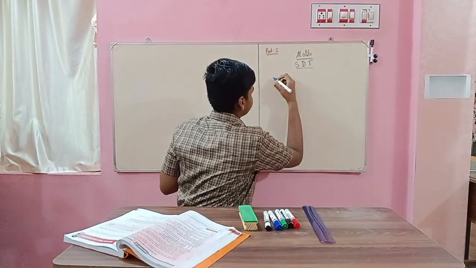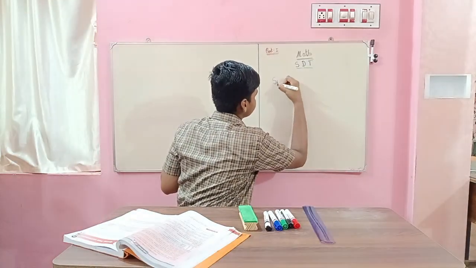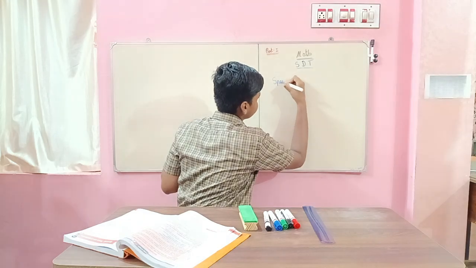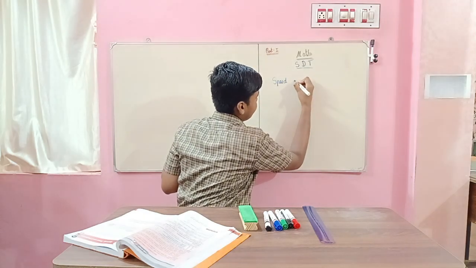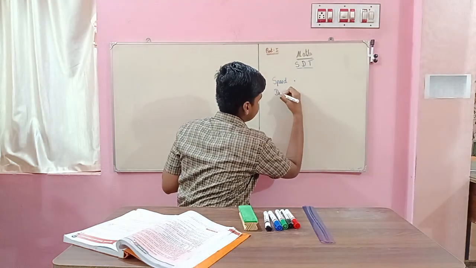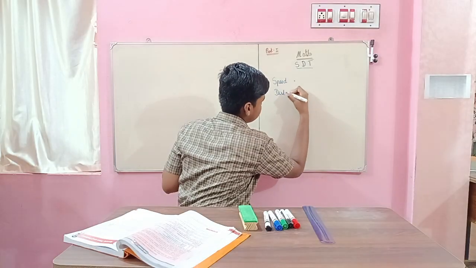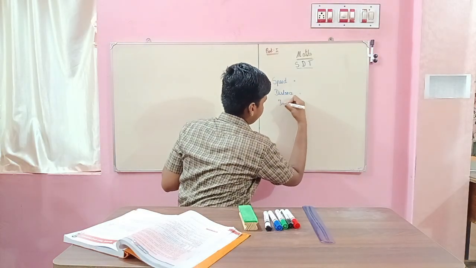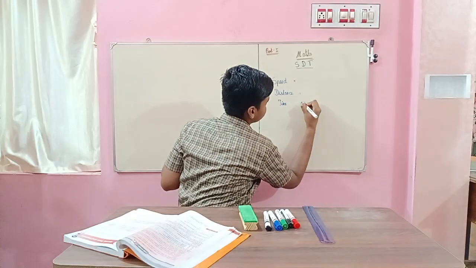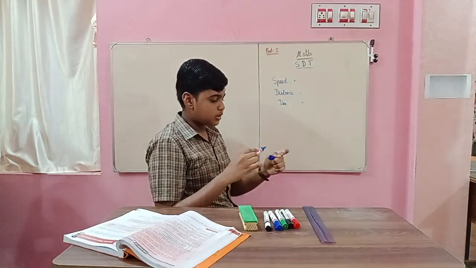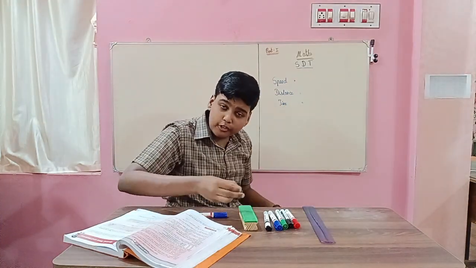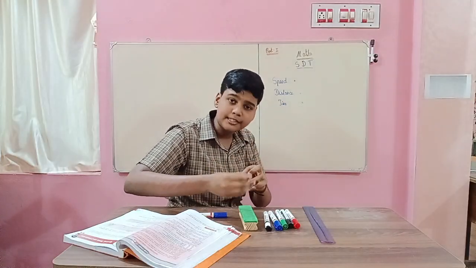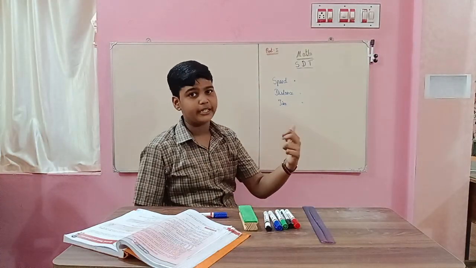It's better to write here. Speed, then distance and time. So speed is nothing but the distance traveled by a body in a unit time.